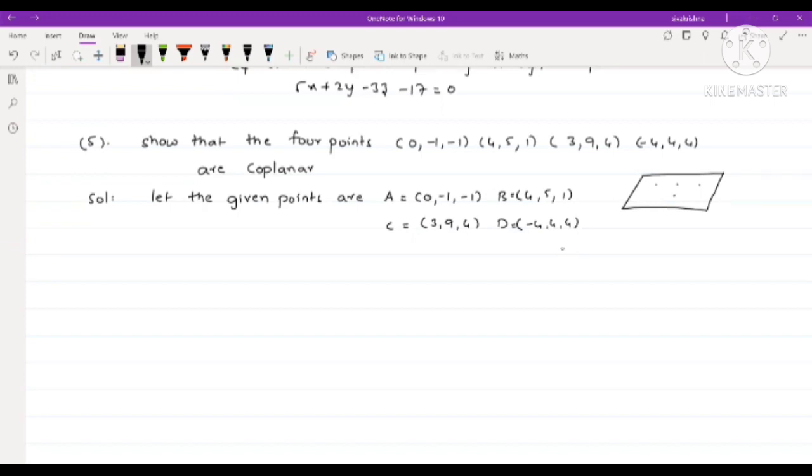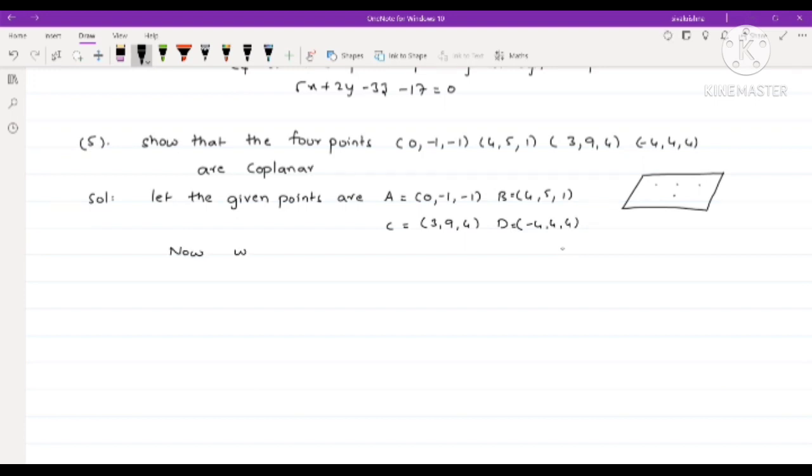I am naming the points as A, B, C, and D. Now we have to find the equation of the plane passing through 3 points. I am selecting the points A, B, and C.